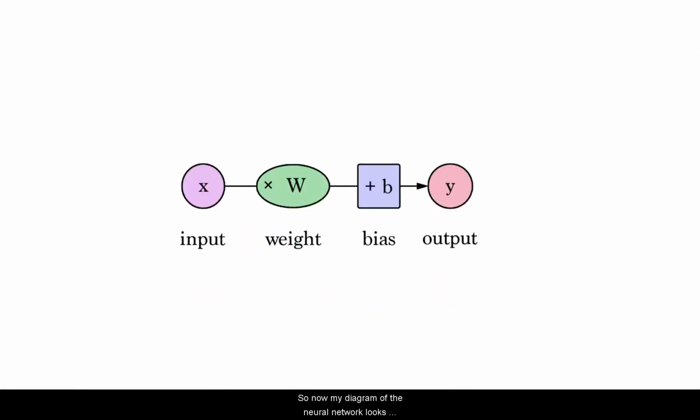So now my diagram of the neural network looks something like this. I have my input x, which is multiplied by w, then added with bias to give my output y.